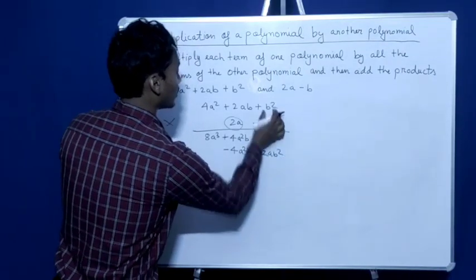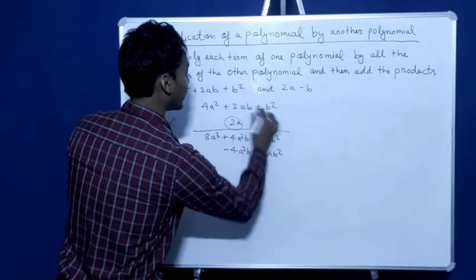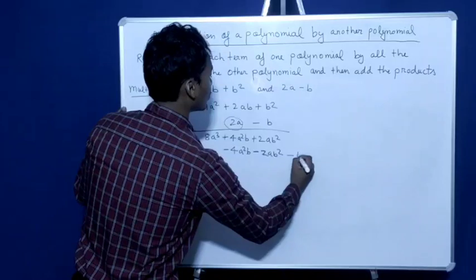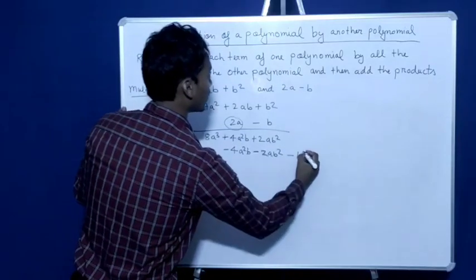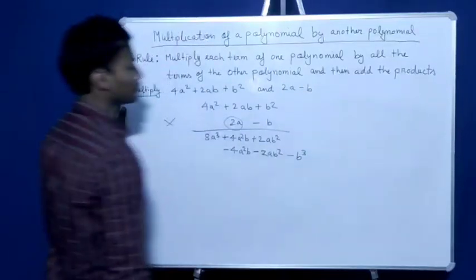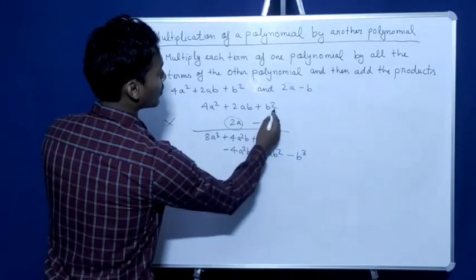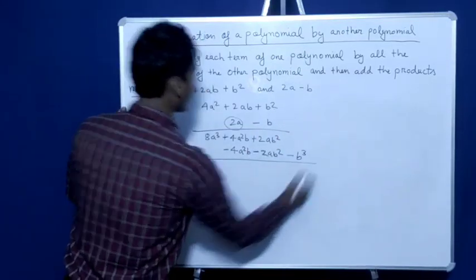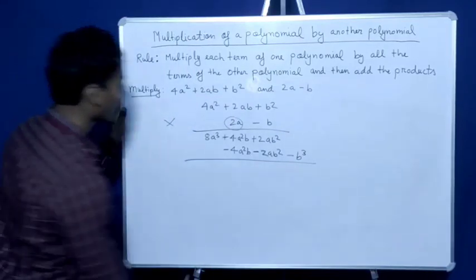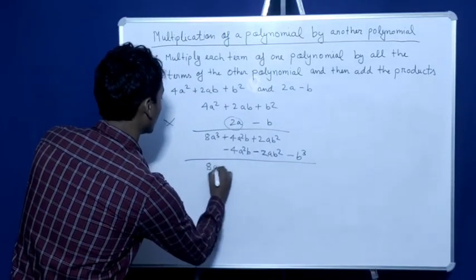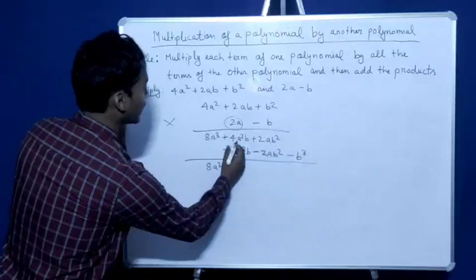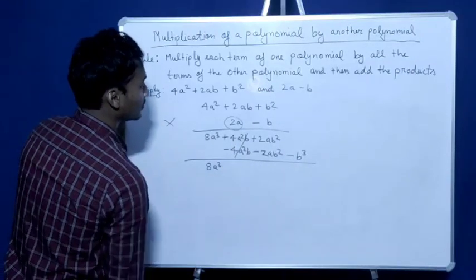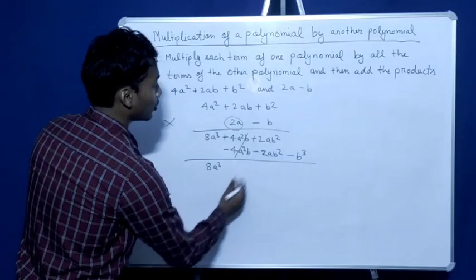Then the last term, that is b square. So negative and positive will give you negative. b times b square will give you b cube. Okay, so here is b square, here is b, so it becomes b cube. Now we can add them. So 8a cube, then negative 4a square b, and here we have positive, so it gets cancelled and it's 0.